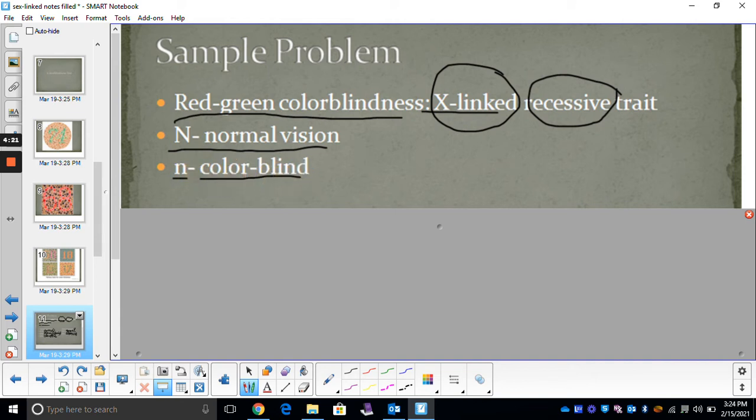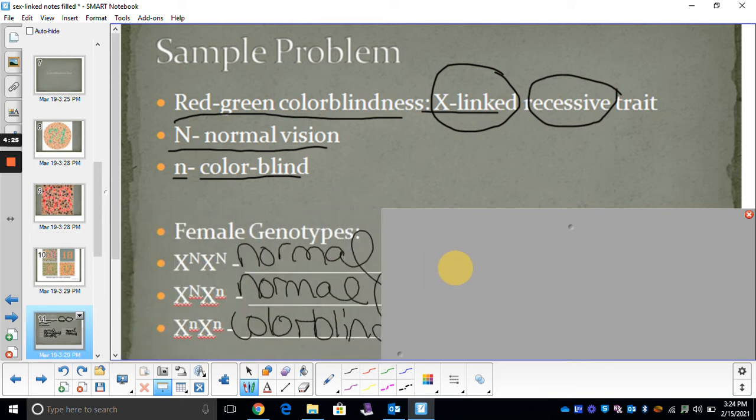So here's a little bit different. When we write something, I'm going to show you females. So if a female is XX, we're going to use a little letter, like we did last time with incomplete dominance and codominance. A normal female has two X chromosomes, and she has both normal genes. But a female right here could be normal.